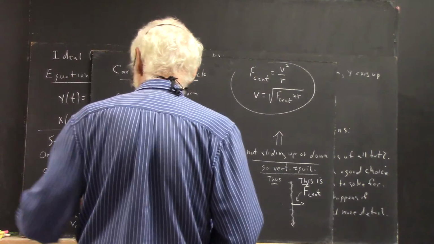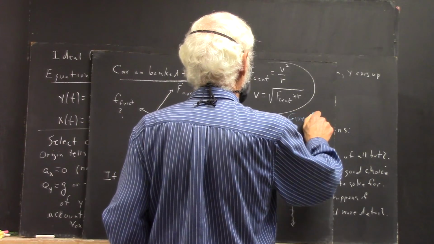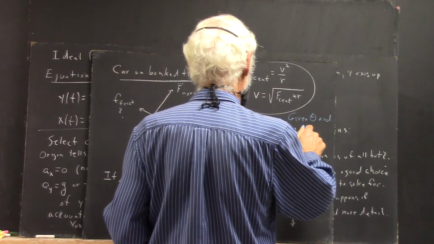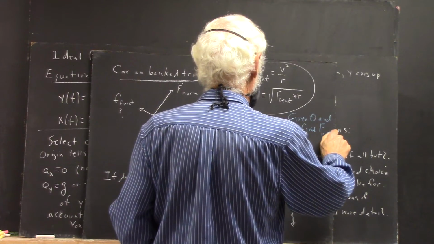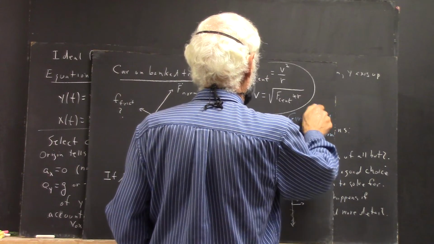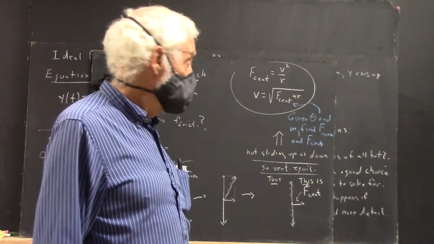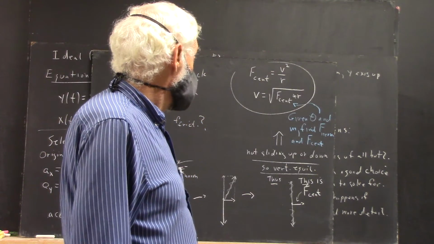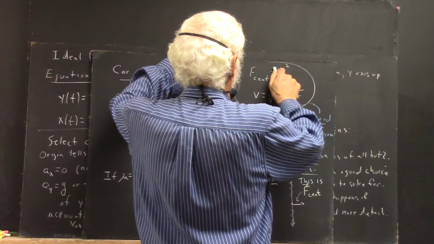So, given your angle, theta being the angle of the incline, and m the mass of the car, and, okay, when I wrote F centripetal as V squared over R, that's the centripetal acceleration.